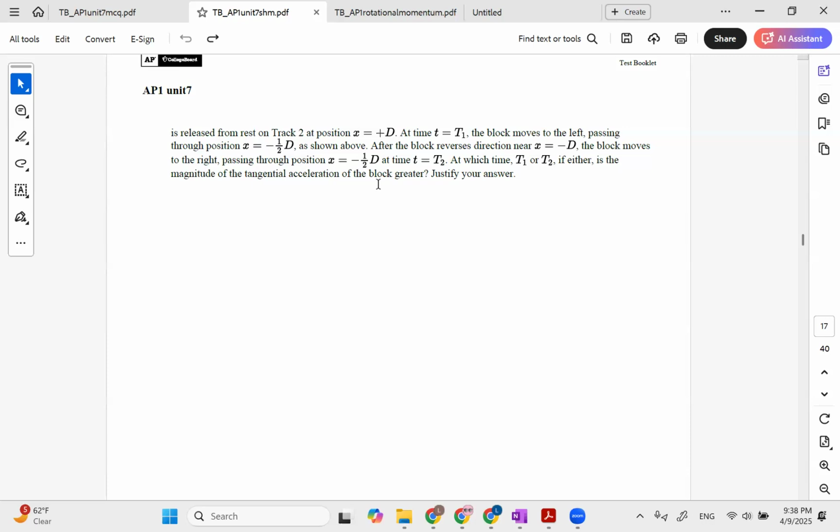So at which location, which time, the magnitude only, is the tangential acceleration greater? Is it at T1? P1.